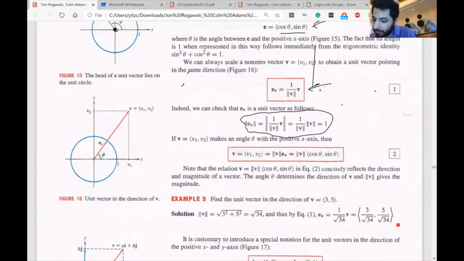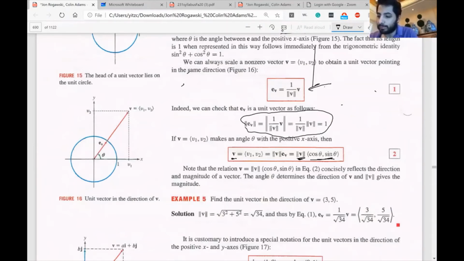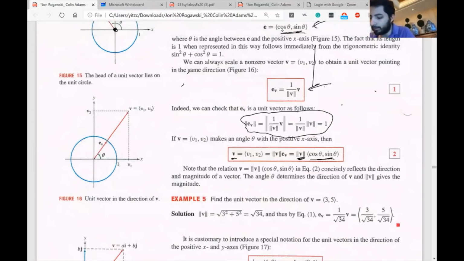And so in general, any vector V can be written as the magnitude of V times cosine of theta, sine of theta. And this again goes back to this. Every unit vector can be written as cosine of theta, sine theta. Cosine represents the x component of that unit vector, and sine represents the y component of that unit vector.